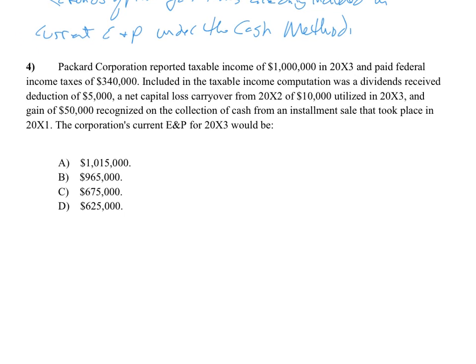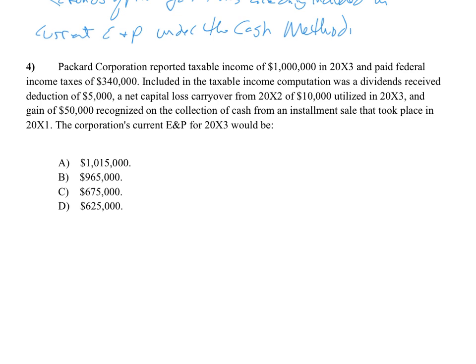Okay. All right, so let's go on to number 4. All right, and number 4 is computational. So let's take a look at number 4. Packard Corporation reported taxable income of $1 million in year 3 and paid federal income taxes of $340,000.